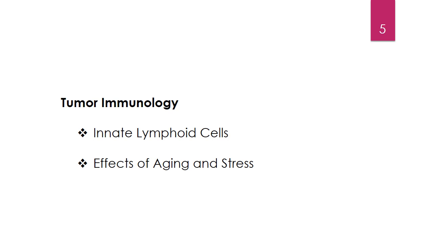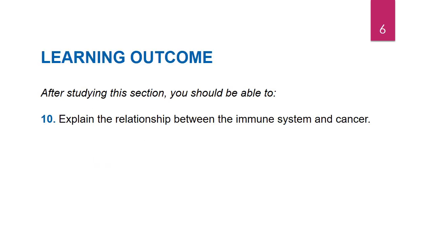The topics again: innate lymphoid cells first, and then the effects of aging and stress. After watching this presentation, you will be able to explain the relationship between the immune system and cancer.